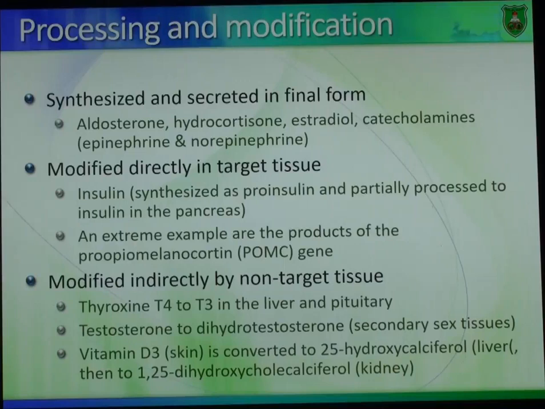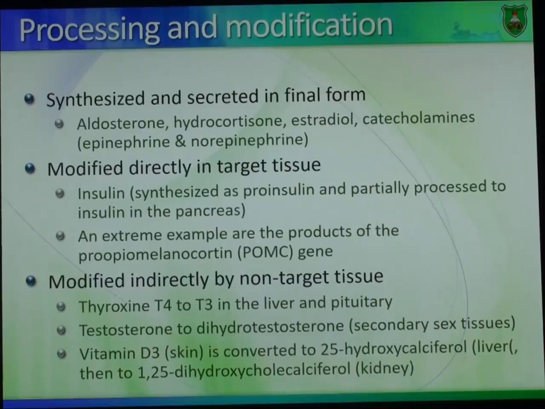But we have hormones that are modified directly in the target cell. An example is the insulin, for example. That is the conversion of the pro-insulin to the active form of the hormone. And we have hormones that are modified indirectly by non-target tissues like thyroxine and testosterone.